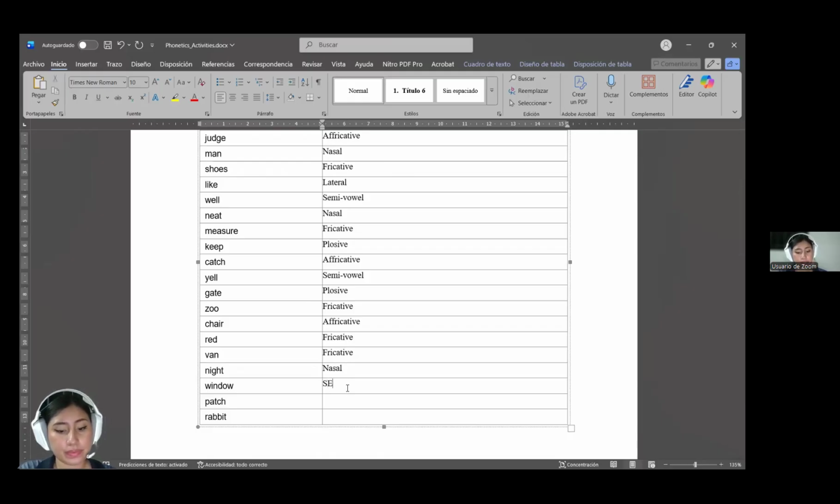Window, semi-vowel. Hat, hat. This is like catch, it's an affricative. It has both plosive and fricative. Yes. And rabbit, rabbit, plosive.